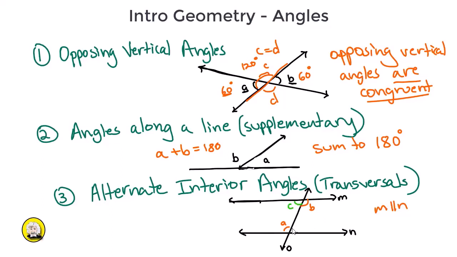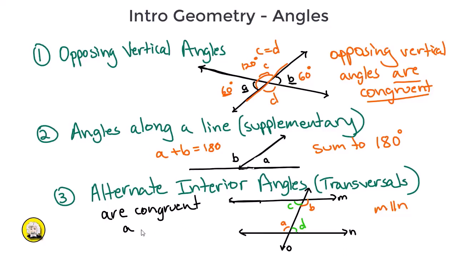Angle C and angle D shown are also alternate interior angles. They're both interior to the parallel lines, and they're on alternate sides of the transversal. So, alternate interior angles are congruent, which again means they have the same measure.